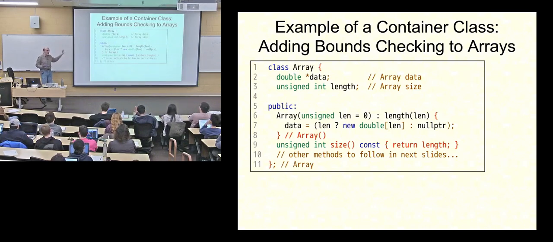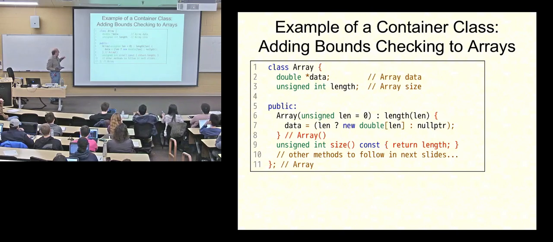So we're going to do this whole example with doubles, but we could later on change it to a whole templated class. So inside, I've got a pointer to my data. I've got an unsigned integer length. I've got a constructor. We'll come back to the constructor in a minute. I've got a size function, which just returns the length. And then we're going to have other member functions in the next couple slides.